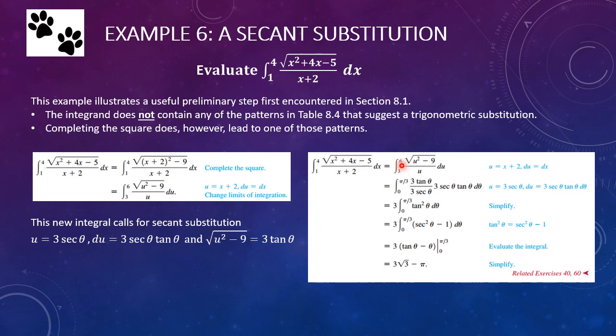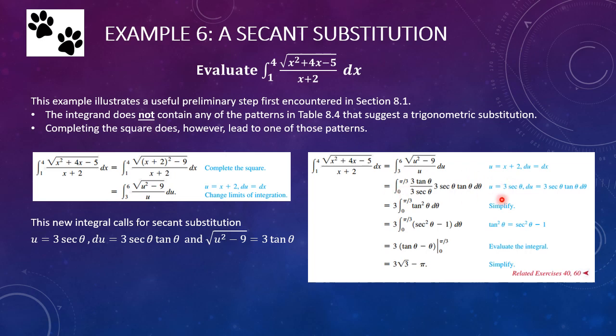Okay, these are values for u. Now we want to put them in terms of theta. So if u equals 6, then 6 equals 3 secant theta. Divide both sides by 3, and you get 2 equals secant theta. The inverse secant of 2 is pi over 3. And then the same thing, the inverse secant for 3 divided by 3 would give us 0.